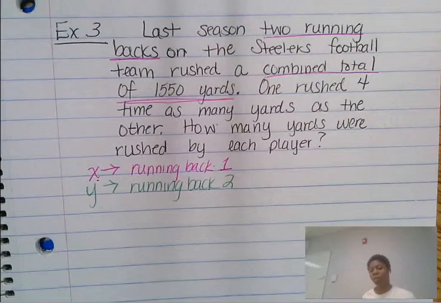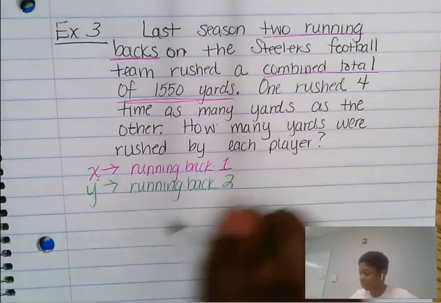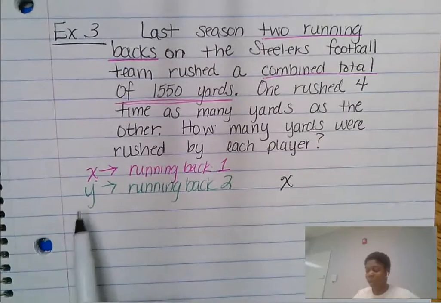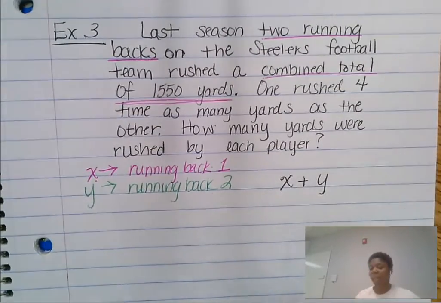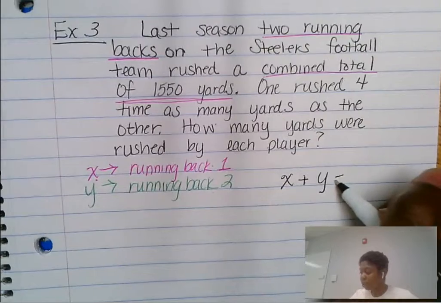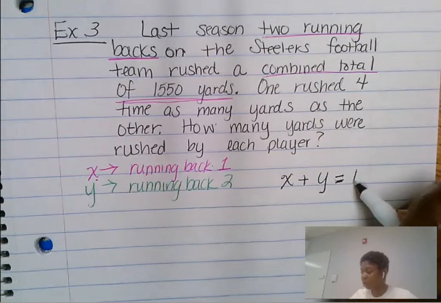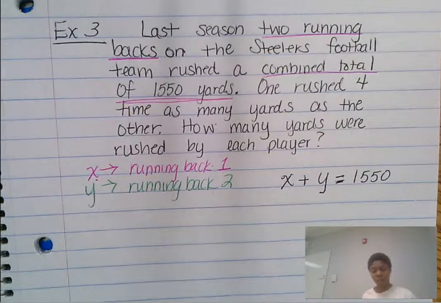So we can use that information to write out our very first equation. Since our first running back is X and our second running back is Y, we can add those two together because combinations mean adding. And together, their total is equal to 1,550.